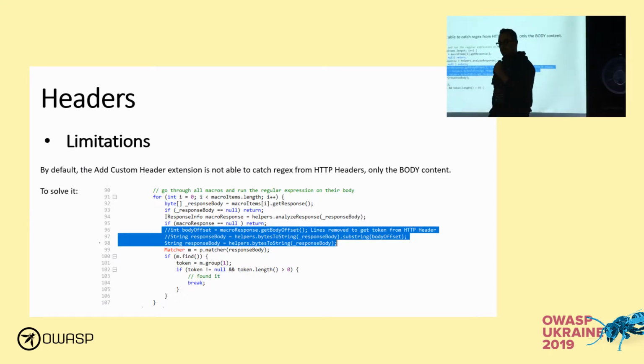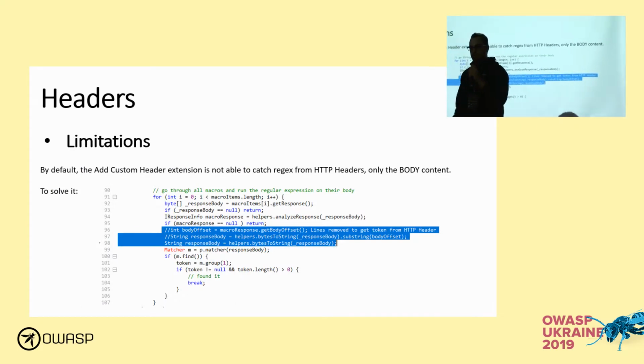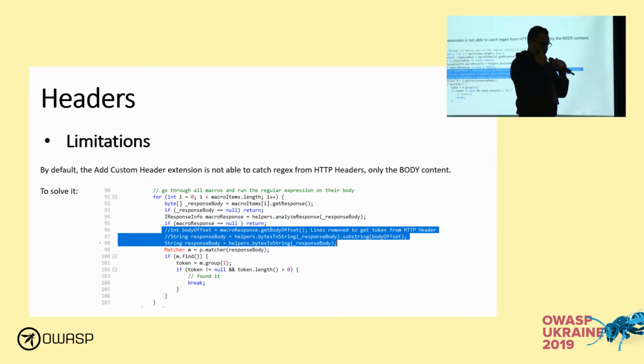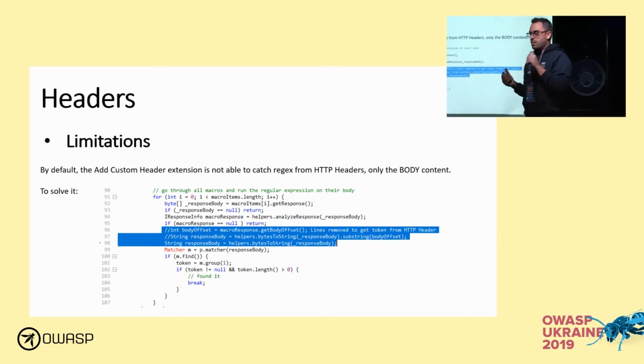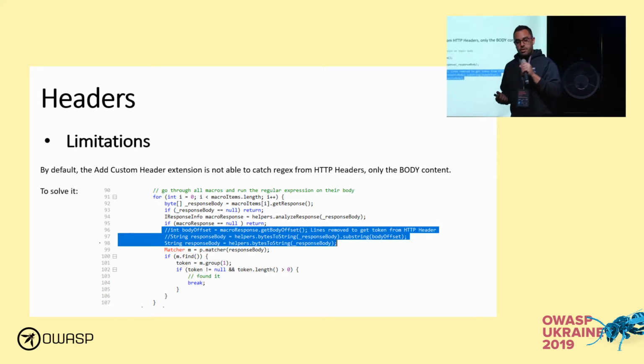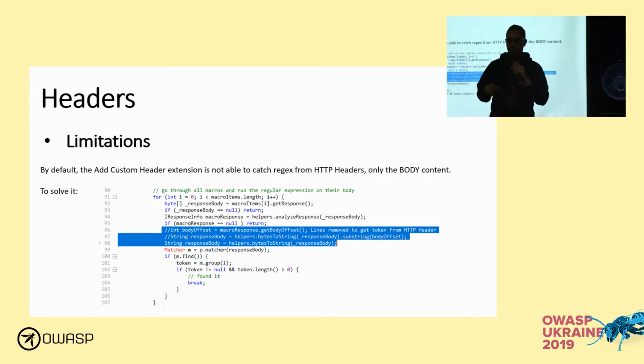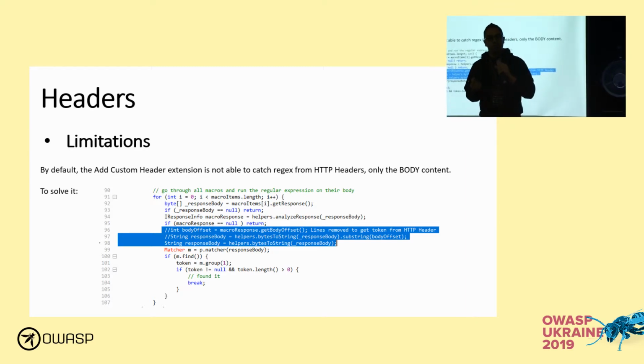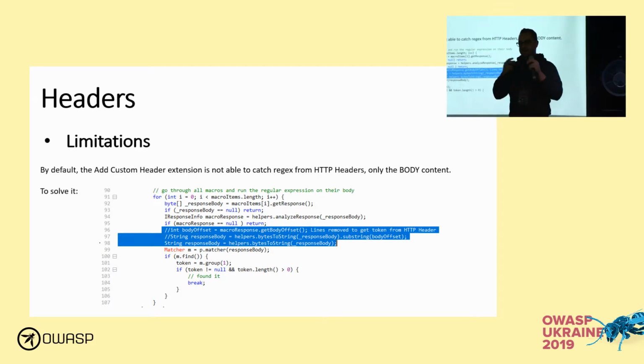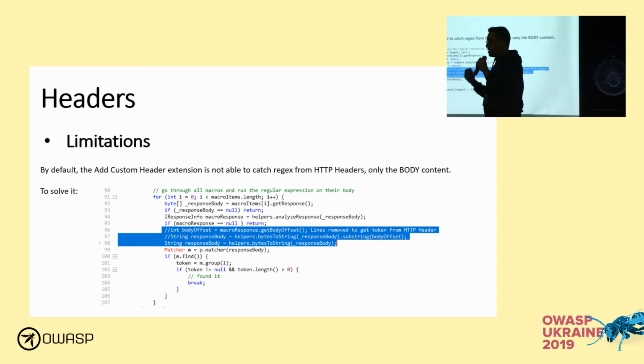Some limitations about these added custom headers. The first limitation is that the custom headers extension was not able to get regex from headers. That sounds a little bit weird, right? Because it's to add headers and not get information from headers.